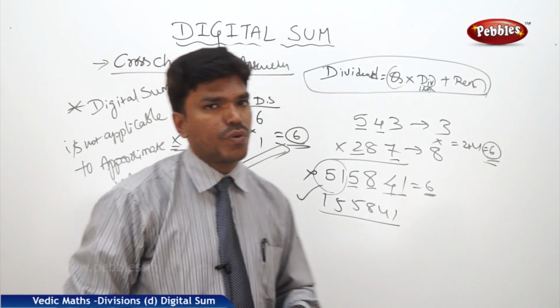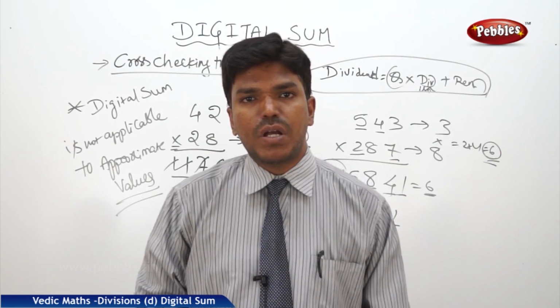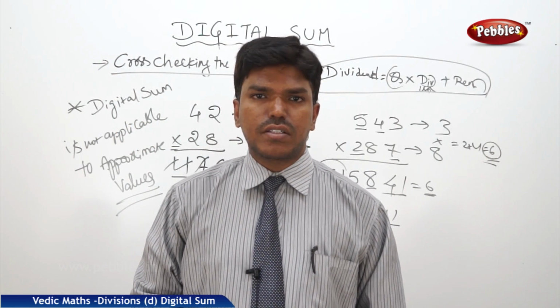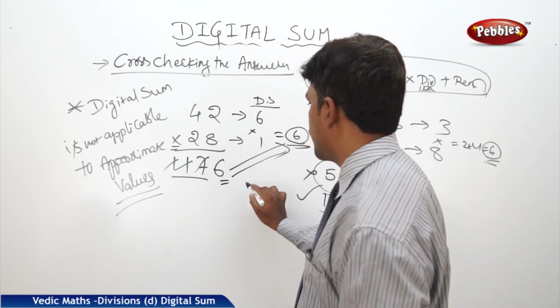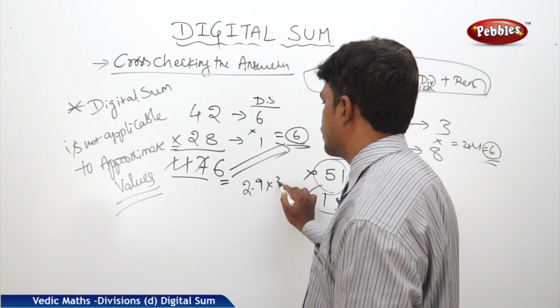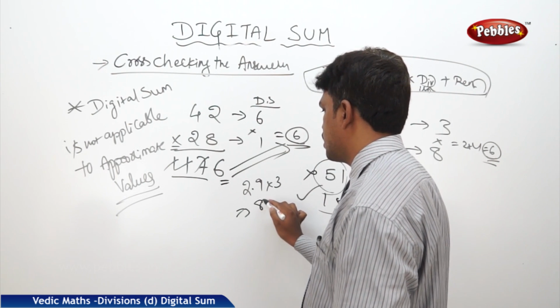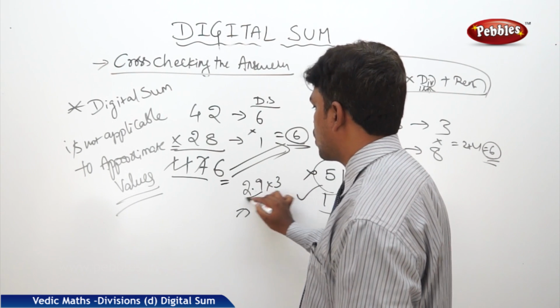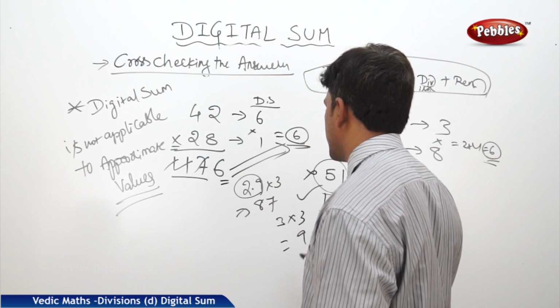So whenever you are doing some approximation and you go for the digital sum, we cannot assure the answer. Why? Because see, suppose I am doing 2.9 into 3. 2.9 into 3 is 8.7. But if I round up 2.9 to 3, then 3 into 3 is how much? 9.